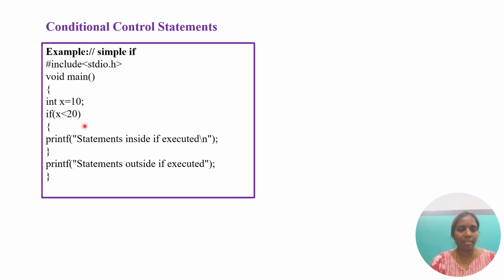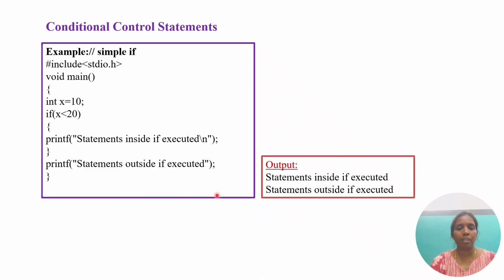If x is less than 20, the statement inside if is executed, else the statement outside if is executed. So this is the output of the statement. This is the basic structure of a simple if statement.